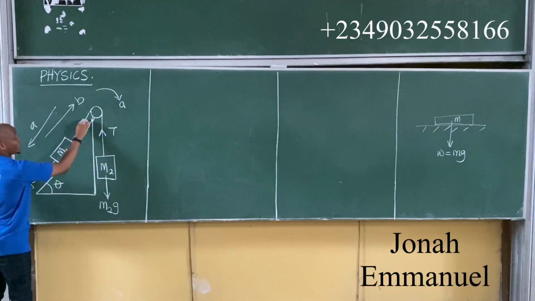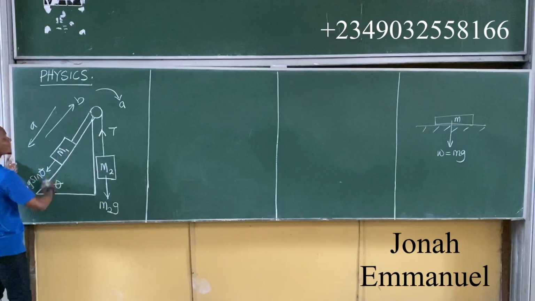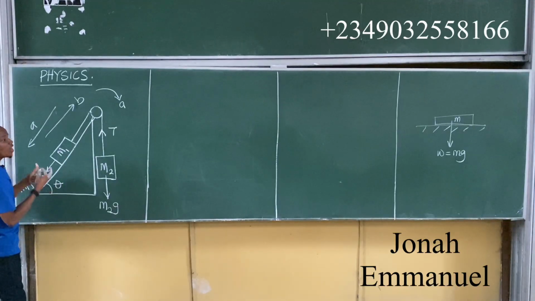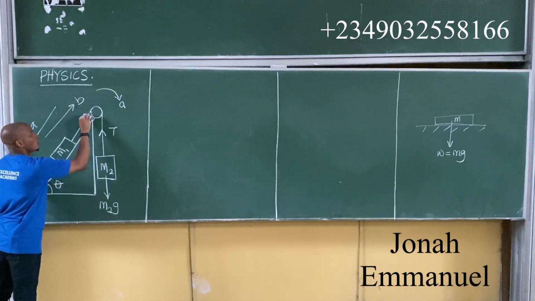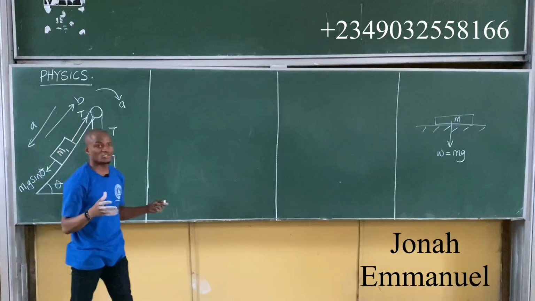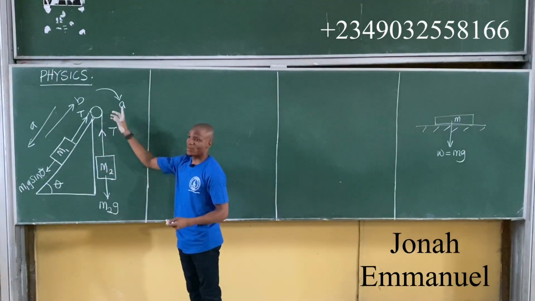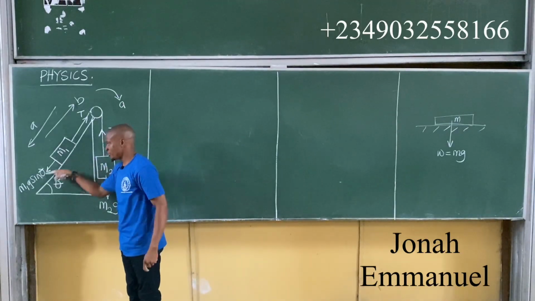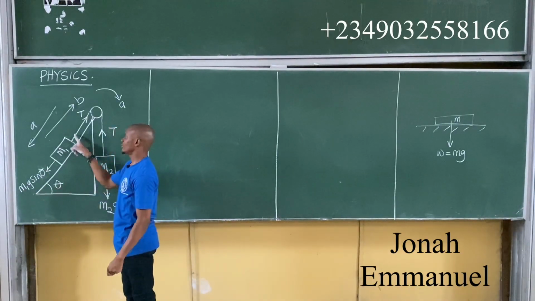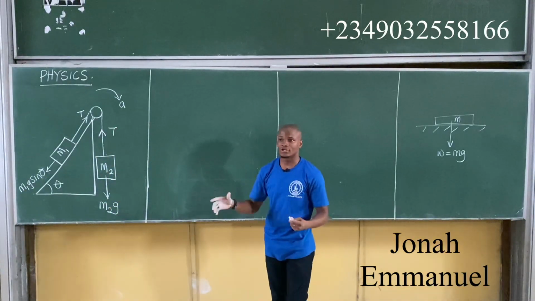The force acting here is your tension. For this tension to retard or stop the motion of this body, it means the tension acts in the opposite direction. So that's what you should know. Number one, weight coming this way, tension will act in the opposite direction. Number two, this one normally should fall this way, but tension comes this way. No question.